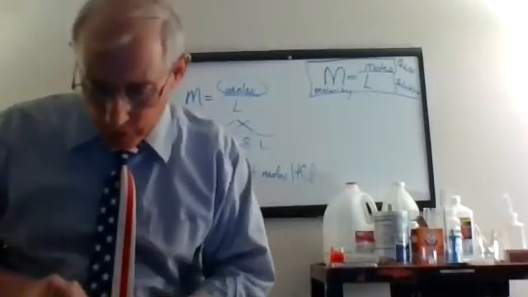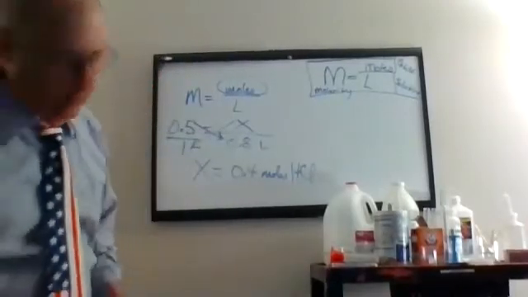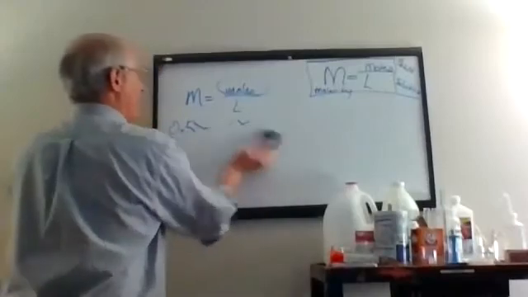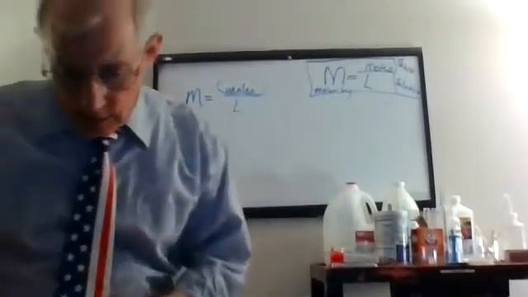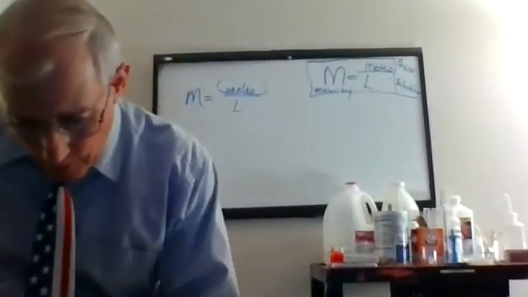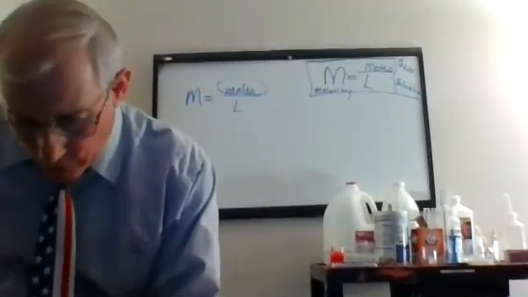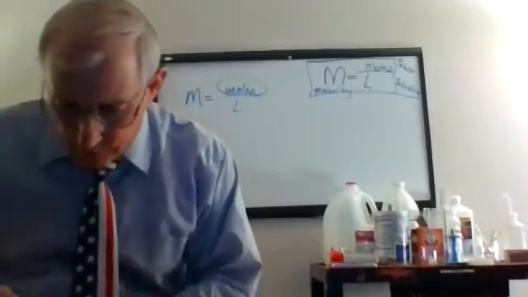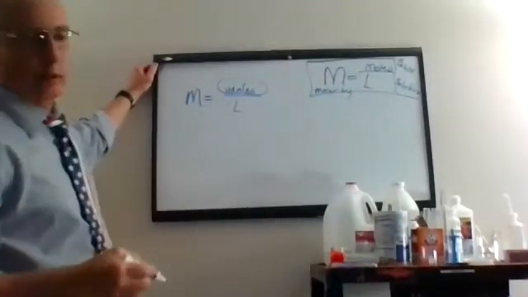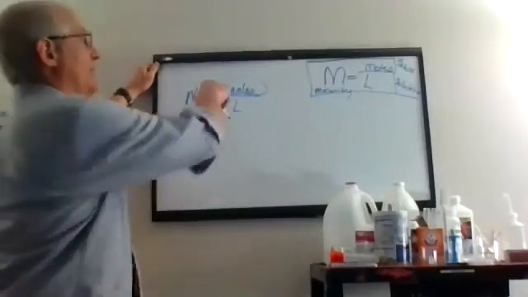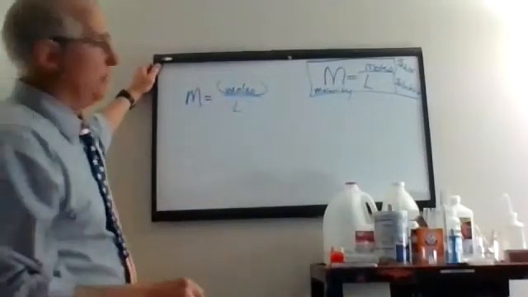Okay, sample problem C. Let's take a look at that. To produce 40 grams of... What is the volume of the solution needed? Okay, now here's what I'm going to do. How did we calculate moles?